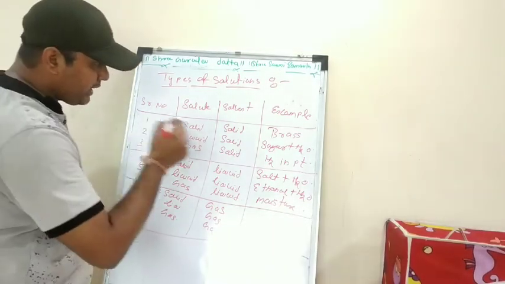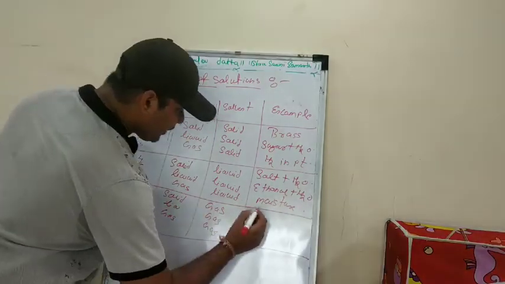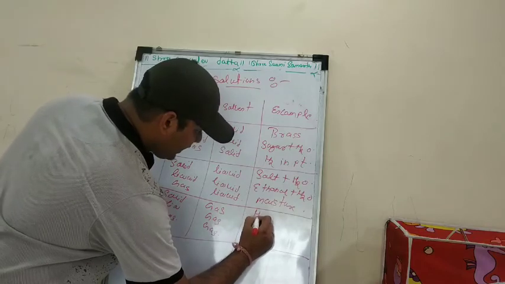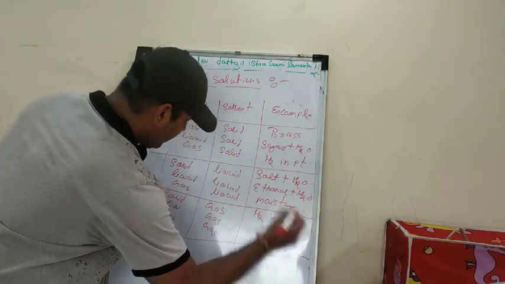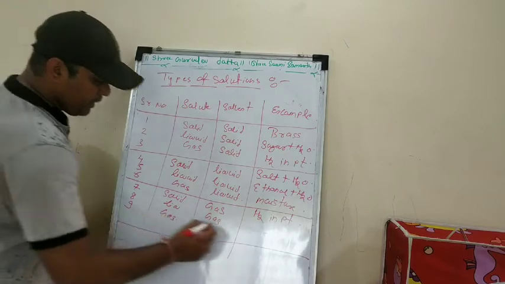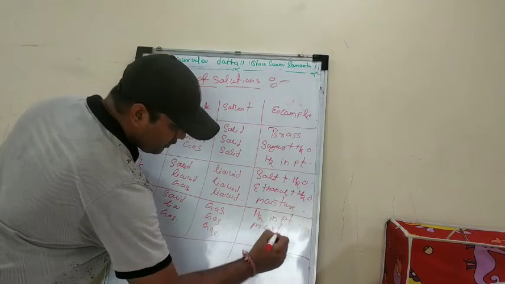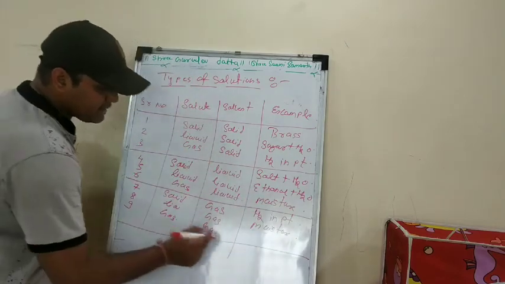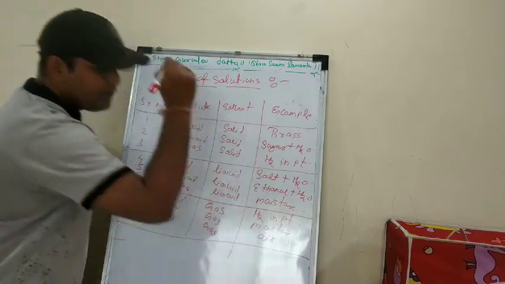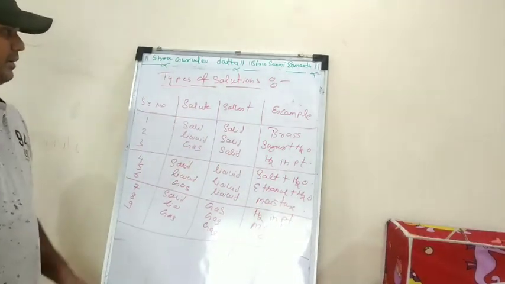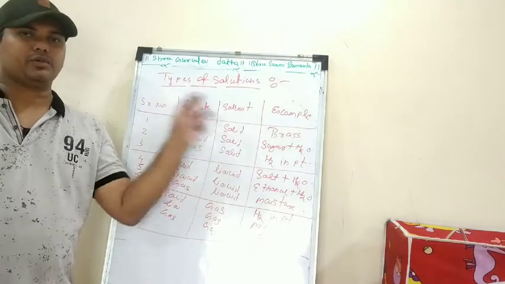Solid in gas example can be H2 in Pt, liquid in gas example can be moisture, and gas in gas example can be air, right? So you know these are the examples of the particular solute and solvent mixtures.